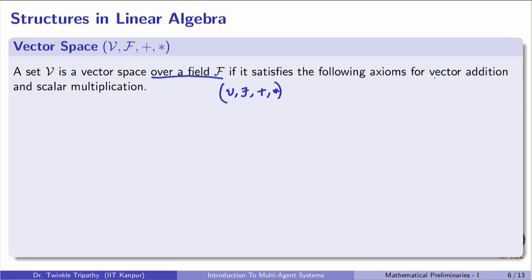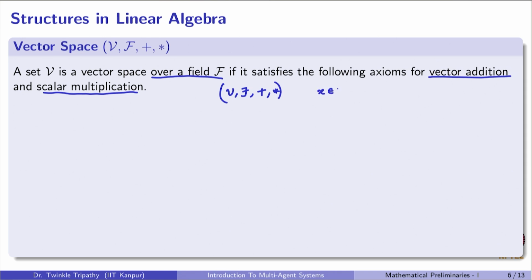So, in a vector space, generally whenever we talk about addition, we refer to the addition of vectors. But whenever we talk about multiplication, we talk about the multiplication of a vector with a scalar. So, we call it a scalar multiplication. Now, what is a vector and what is a scalar? Let us first start by defining that.